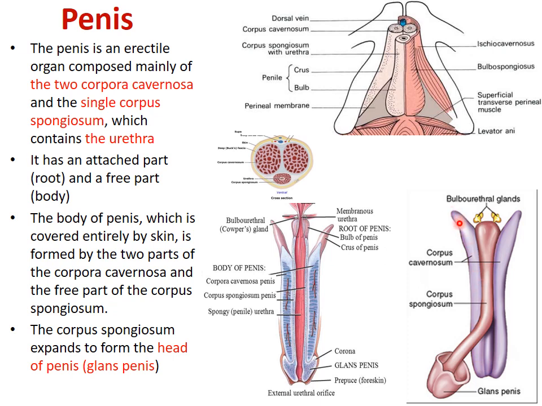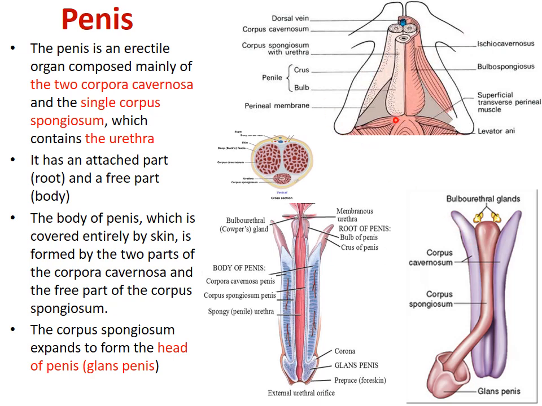This is one, the crus of the corpus cavernosum. Crus means root. This is another. These crura are attached to the pubic symphysis to give support, one on each side.